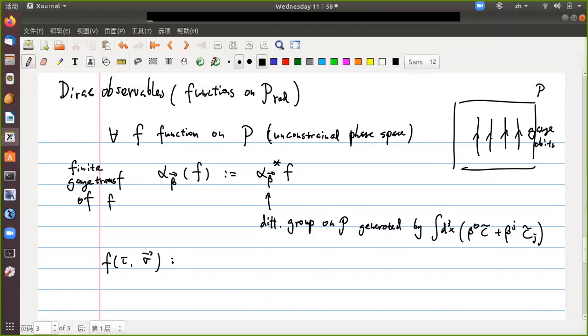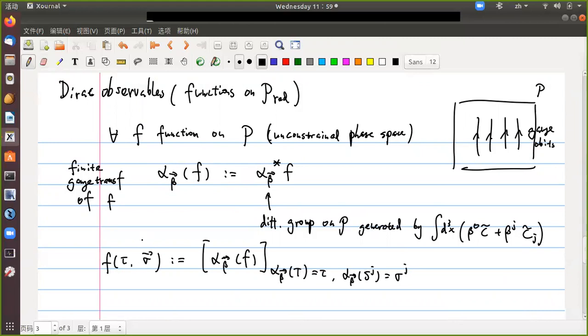This is defined to be the gauge transformation, firstly, of this function, same as above but with a specific parameter beta, satisfying another equation, namely the gauge transformation of the function T, which is your dust field, equals tau, and the gauge transformation of S^j equals sigma^j.